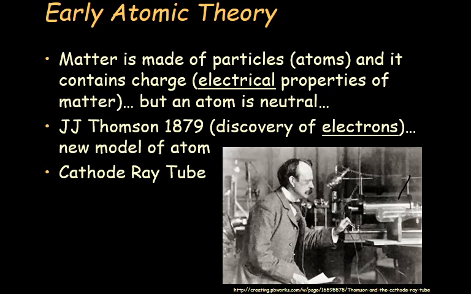Let's use another color here. A picture of it here, and as he set this up, he was able to get those electrons to fly off one side and go to the other, and was able to measure that electrons have charge, that they have a certain amount of mass, and was able to say, okay, we have these electrons that can go from atom to atom.